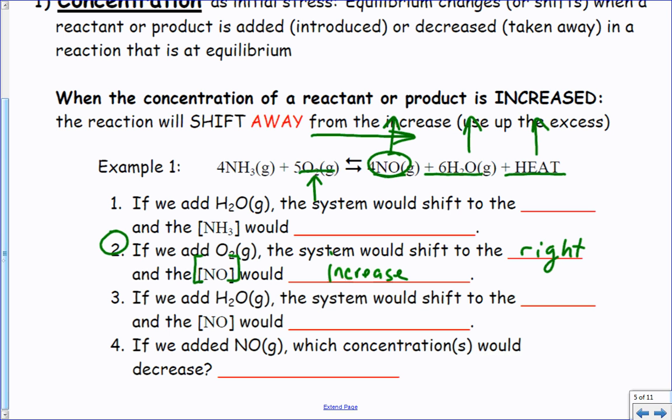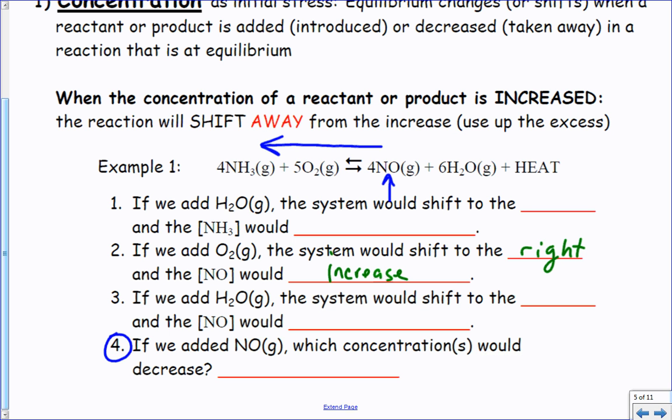I'm going to do one more, and then I'm going to set you up on doing the other 2 the same way I did it. Now, let us do number 4. If we added NO gas, which concentrations would decrease? I find NO gas, that's here. I'm going to go away from what I add, so everything here is going to increase.